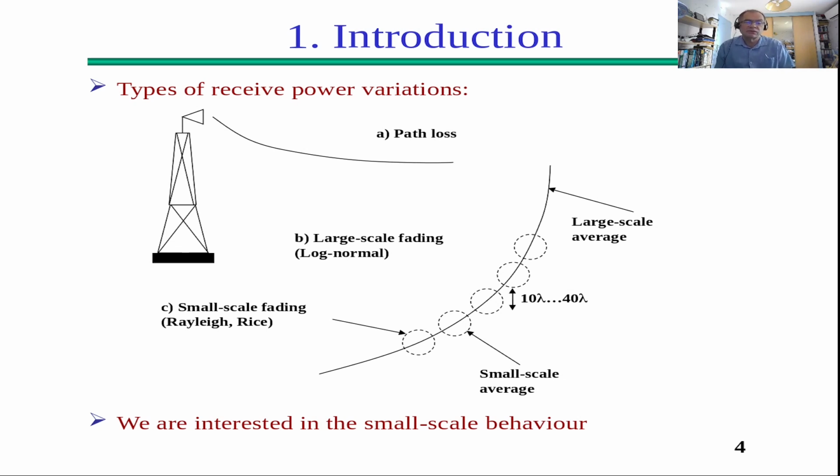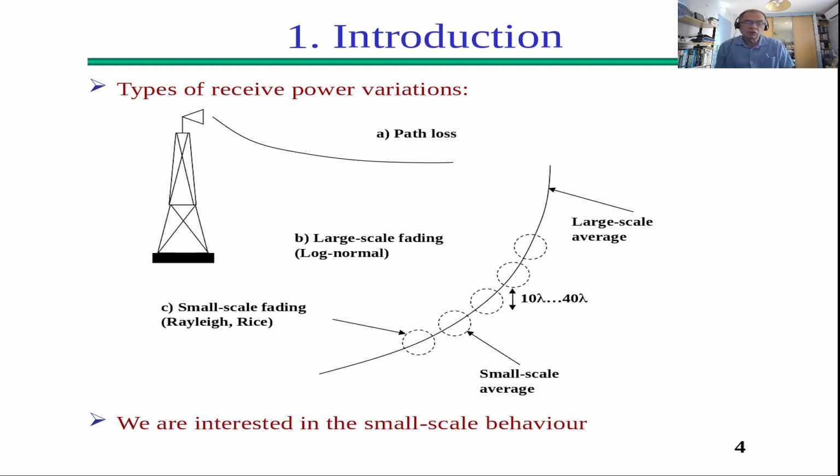The first scale, the smallest one, when you've got movements around a few wavelengths, is called small scale fading, and you see variation around a small scale average of about 10 to 40 wavelengths.